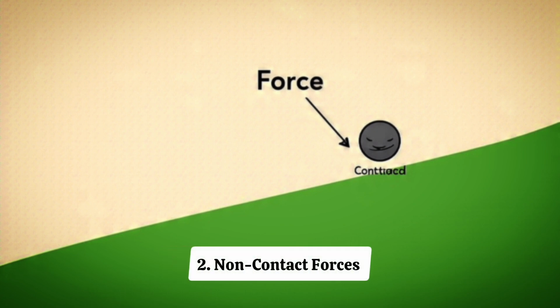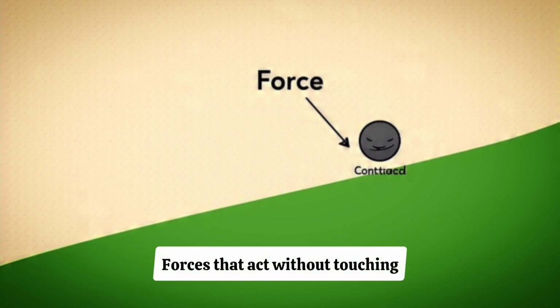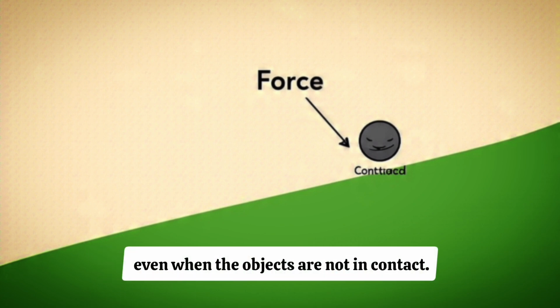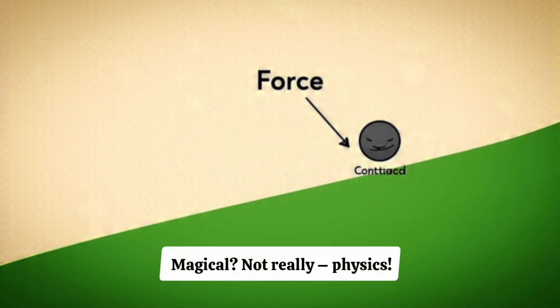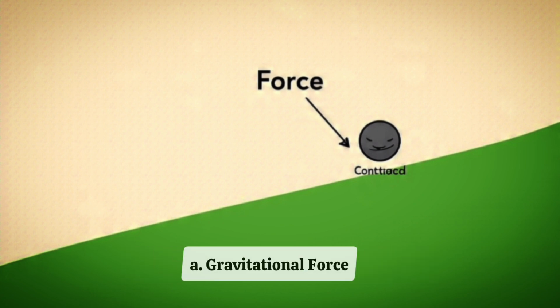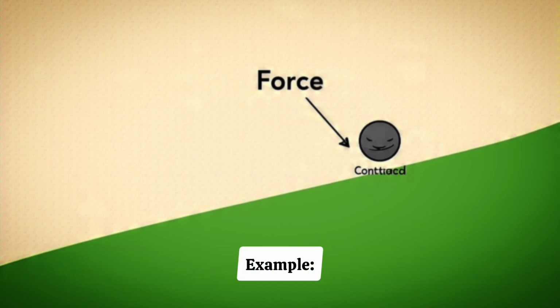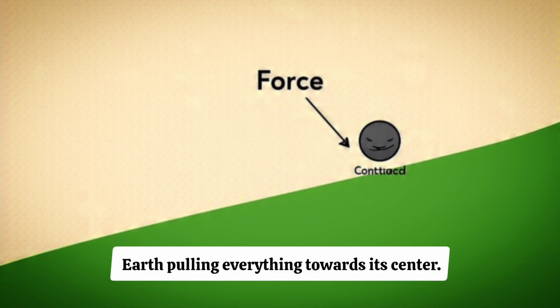2. Non-contact forces. Forces that act without touching. These forces can act from a distance, even when the objects are not in contact. Magical, not really, it's physics. Types of non-contact forces. A. Gravitational force. The force of attraction between any two objects with mass. Example: Earth pulling everything towards its center.